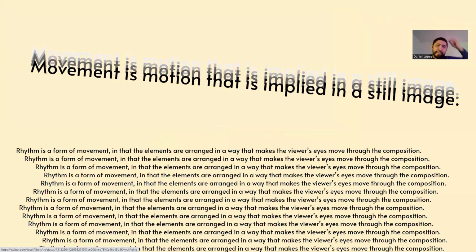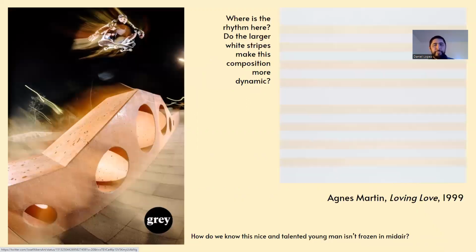And rhythm and movement. Movement is implied motion that's not actually there because pictures are still. And rhythm is how your eye moves through it. These are usually combined for some reason. I think they're kind of different, but you could argue both ways. On the left here, where is the movement? How do we know that this person's not frozen and floating in midair, right?